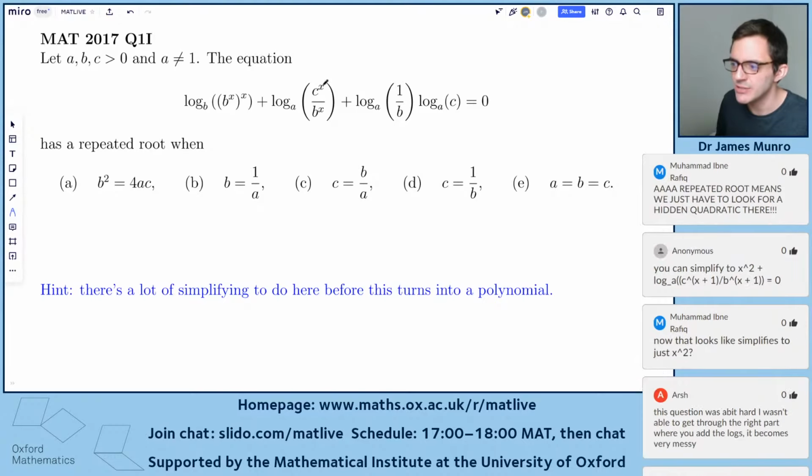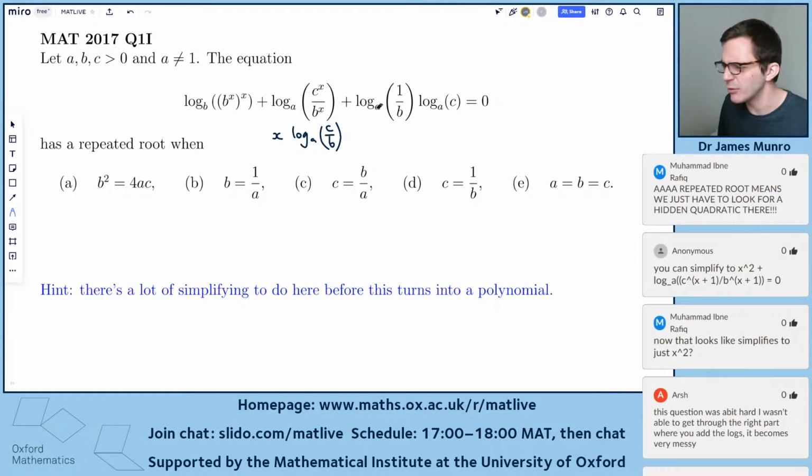I suppose this thing I could write as, you can bring out the power. I suppose that's a bit like the addition rule, that this is log base A of c over b to the power of x inside. So I can bring out that x and write this middle term as x times log base A c over b, which is some number.